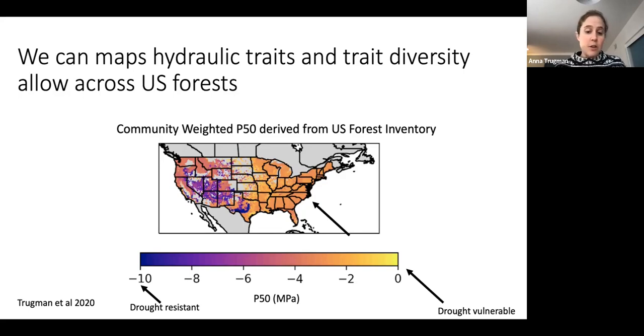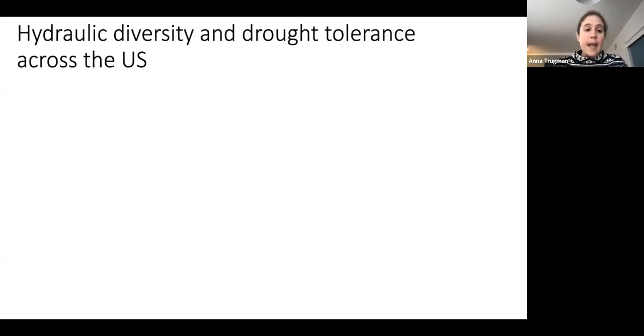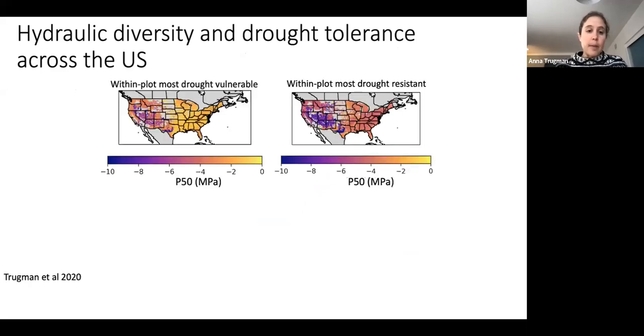They have communities comprised of much more drought vulnerable individuals. And in the Western United States, where water is really pretty scarce, we see these trees that are much more resistant to water stress.